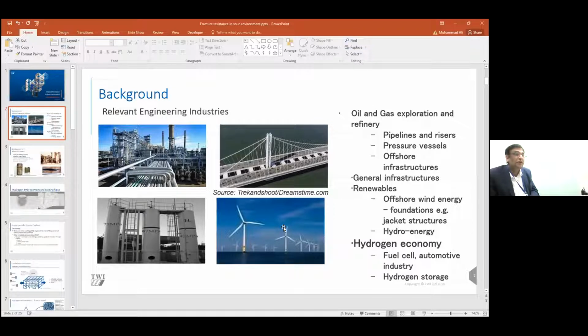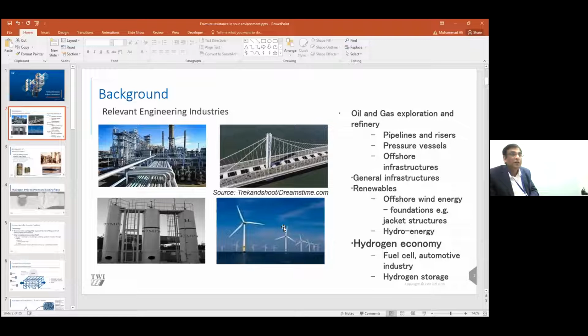The most prominent examples are structures in the oil and gas industry, such as pipelines, pressure vessels, and other infrastructure. Similarly, in the renewable industry, in particular offshore wind turbines, the foundations are very large monopile structures embedded in the seabed. However, they are usually protected using a technique called cathodic protection, which can liberate hydrogen, and that hydrogen can ingress into the material to embrittle it.